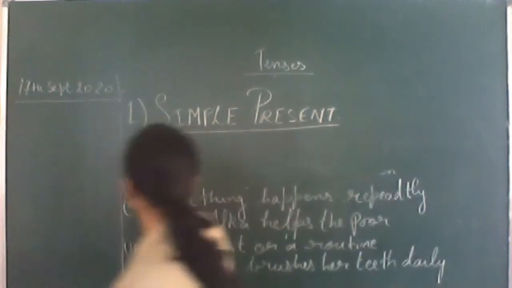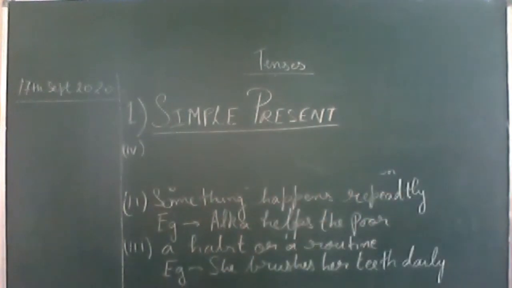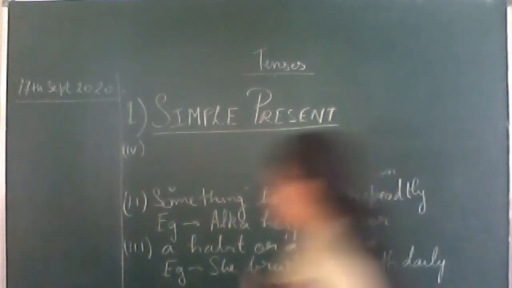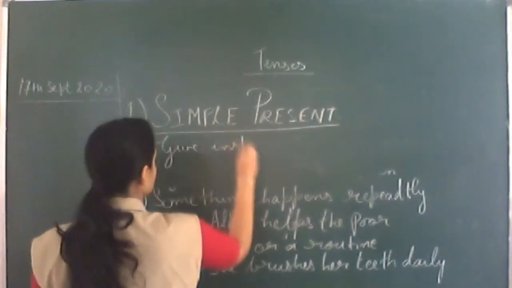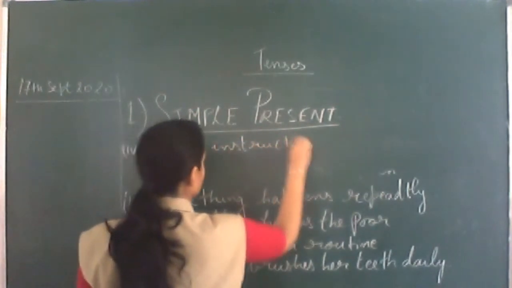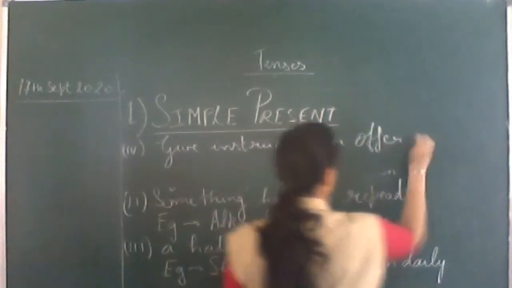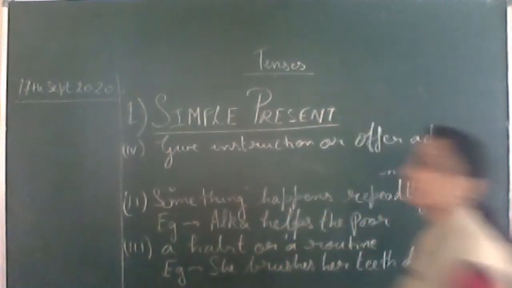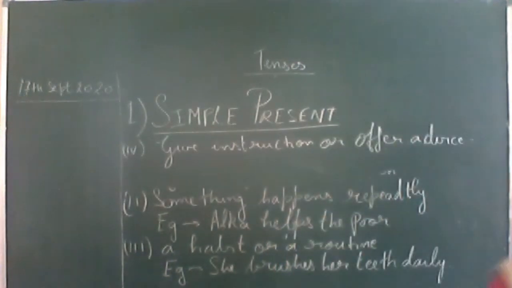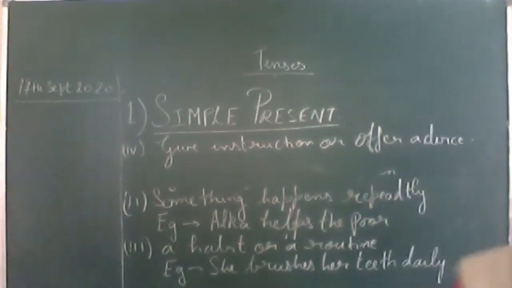Next is, children, the fourth one: give instructions or offer advice. To give instructions and to offer advice, we also use simple present.